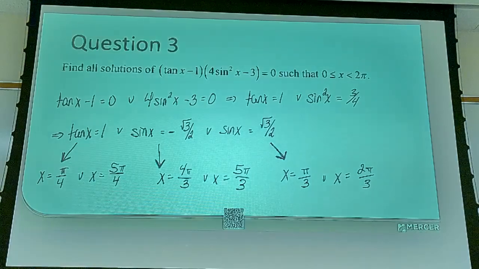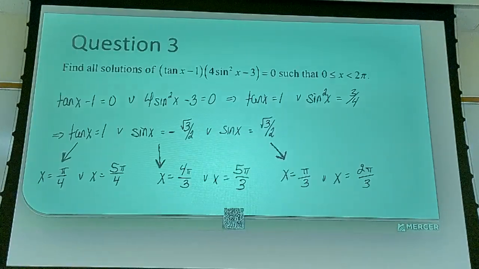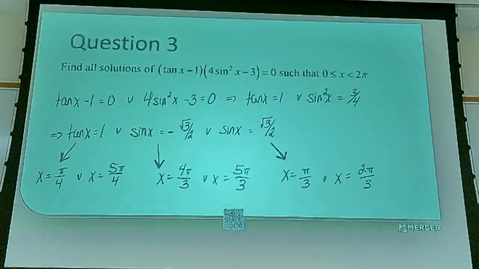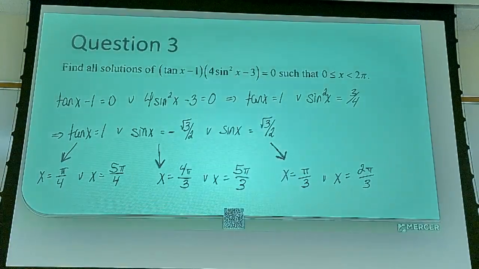Solution set. Now remember, with a set, the order in the set doesn't matter, right? Unless it's an ordered set. You're not going to have to worry about that until you take linear algebra. So you can write this in any order you want. Again, I like to keep it in ascending order.